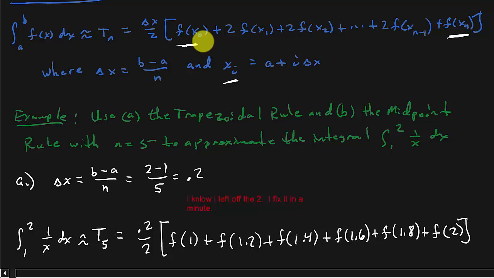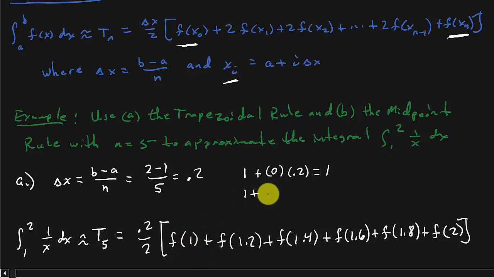We plugged everything in. See the i delta x? Let me write one of them out. a is 1 plus 0 times delta x, 0.2, which is 1. That's where that 1 comes from.